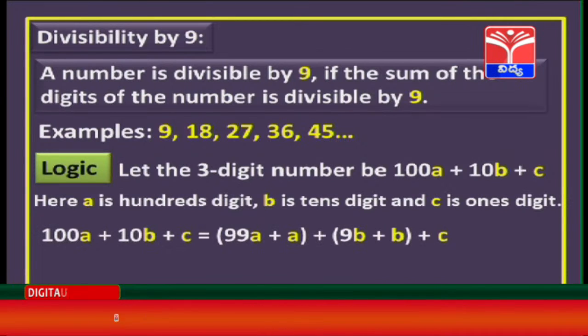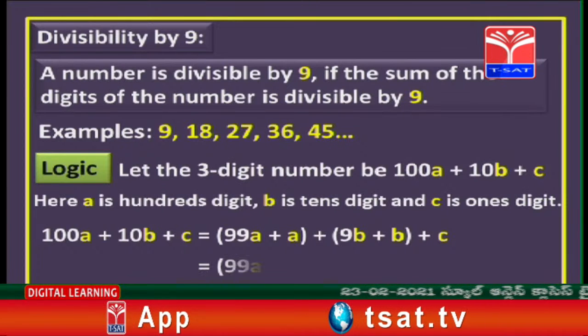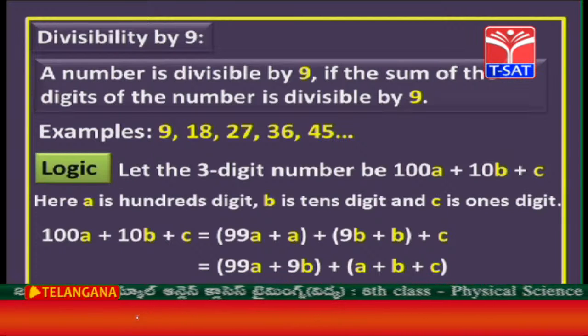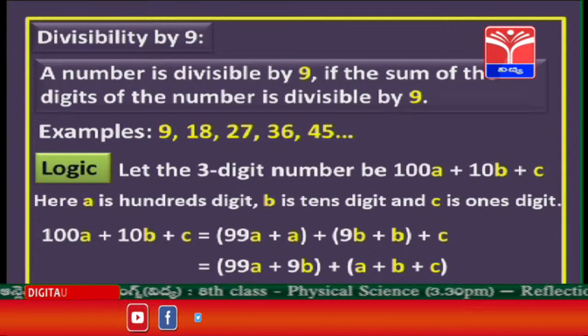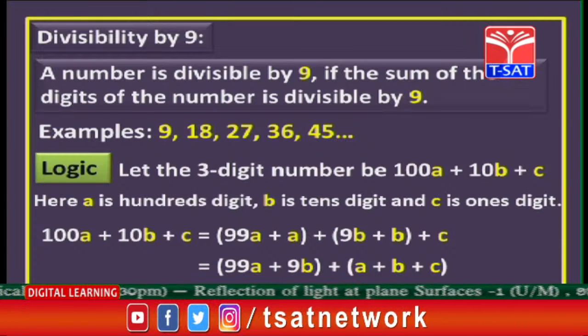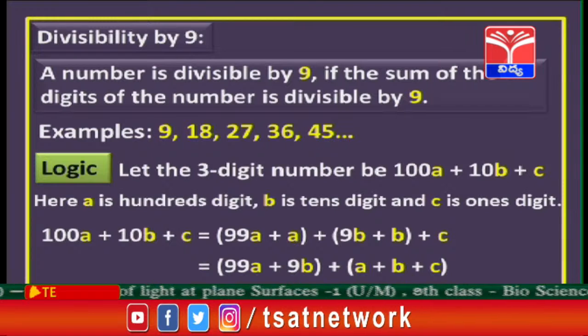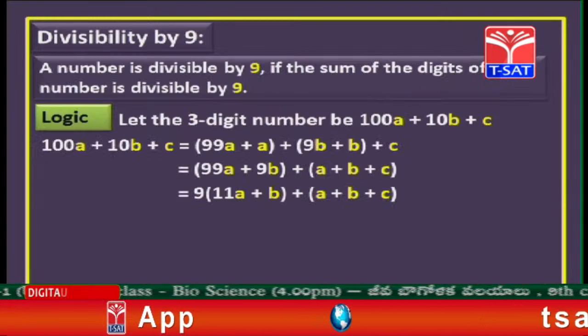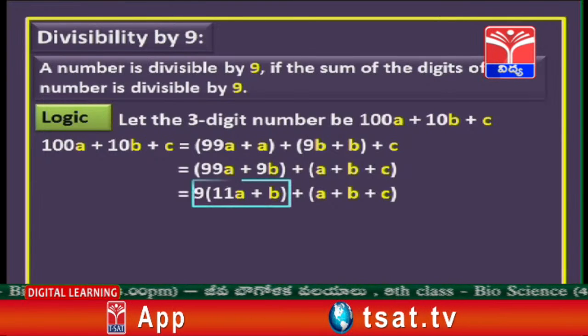Now, again I will write it as 99A plus 9B plus B plus C. Now, rearranging them, I get 99A plus 9B plus, again, the sum of digits A plus B plus C. In this 99A plus 9B, I am taking 9 common. If I take 9 common here, I am left with 11A plus B, and A plus B plus C as it is, no change. Now, from this what do we conclude, children?